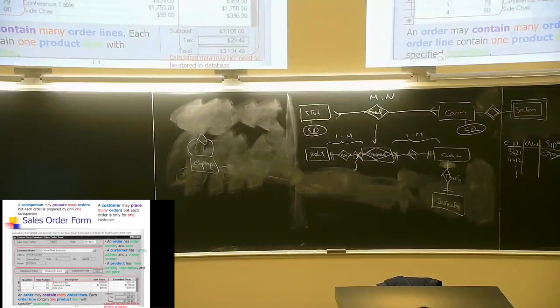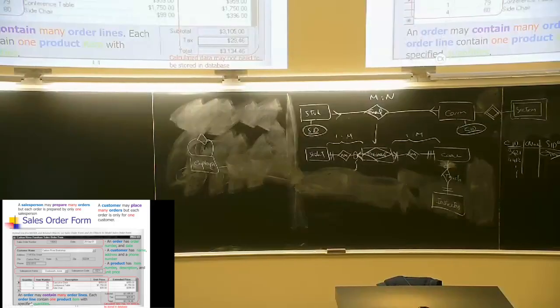If you have this form, how can you infer some business rules? As you can see, you see the orders here, right? For example, order number, date, and so on. So an order has order number and date. Customer has name, address, phone number. Product has this information. These are some of your rules, and then you explain more.